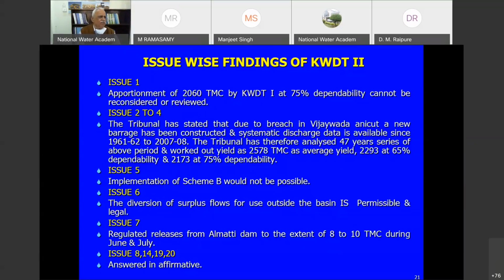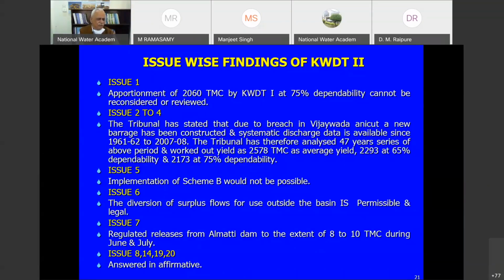The Maharashtra witness has considered the 113 years series, that is from 1894-95 to 2006-7, because utilization figures and gauge data was available. In doing so, Maharashtra's witness has also introduced a concept of weather cycle. Normally, we consider a 30 years weather cycle or 40 years weather cycle.